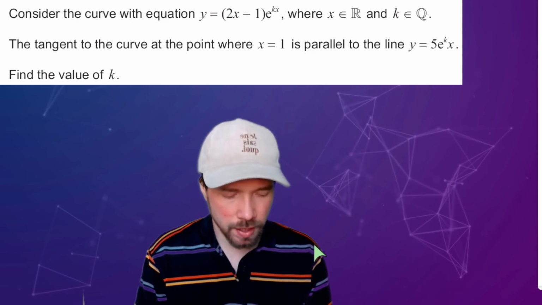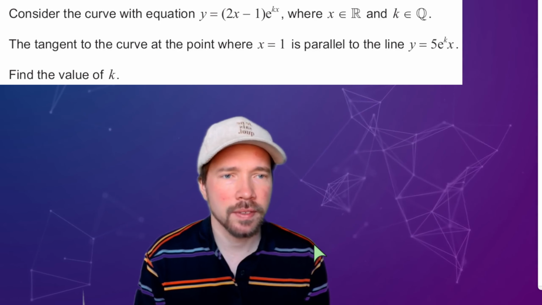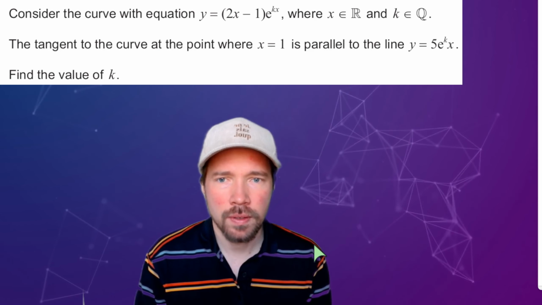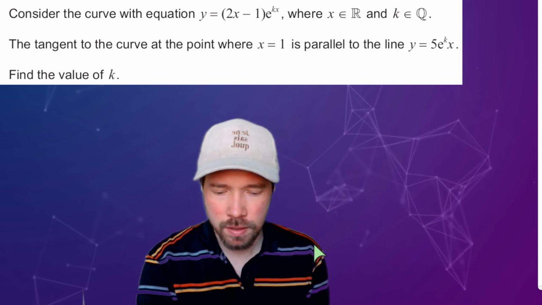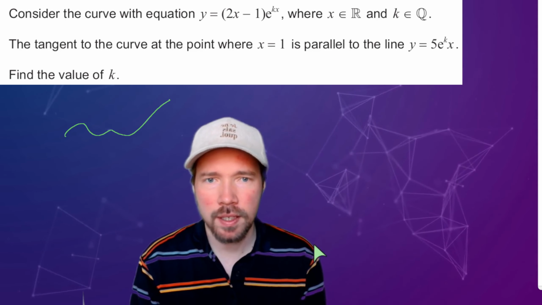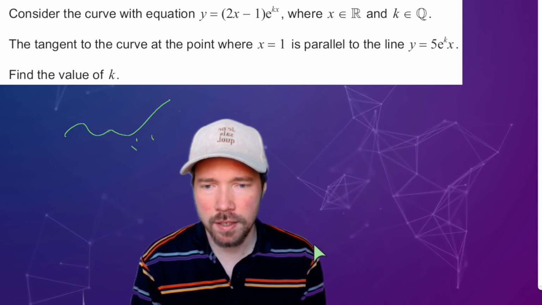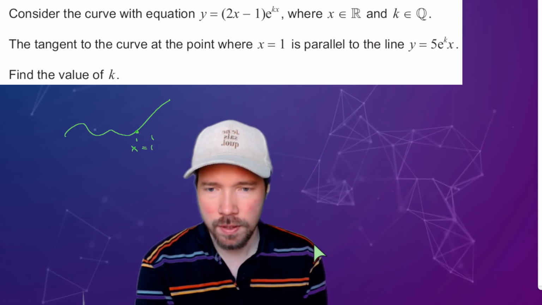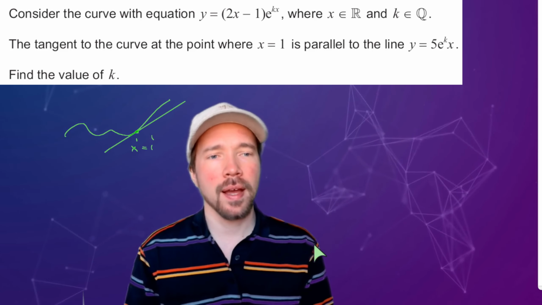So we're given a curve, and basically we're given the derivative at 1, because of the tangent to the curve. Suppose this curve is something like this, and here let's say x equals 1, and here we have a tangent. The slope of the tangent is the same.